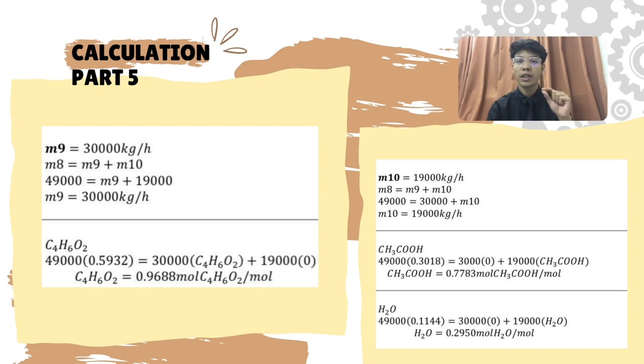For the vinyl acetate, it is located at M9. So we can use the formula M8 equals M9 plus M10.